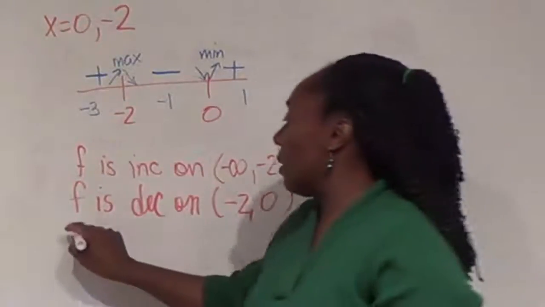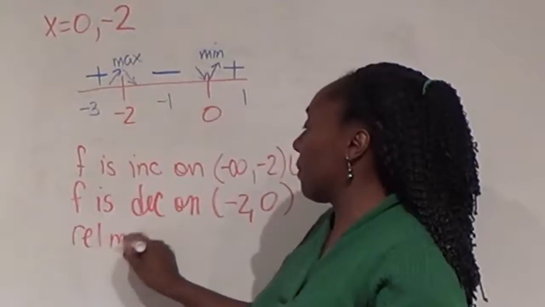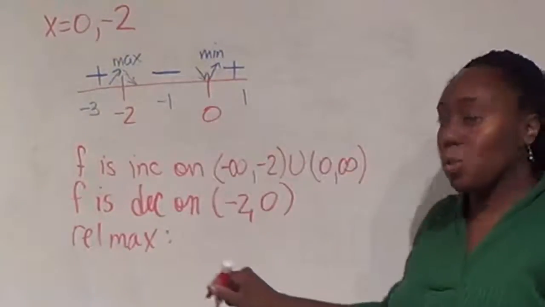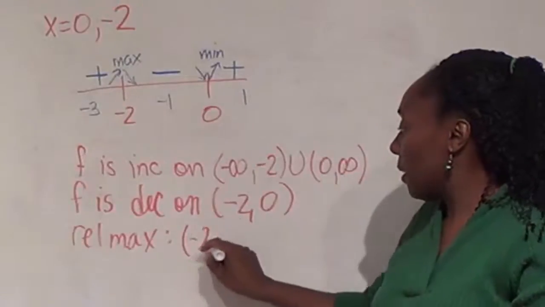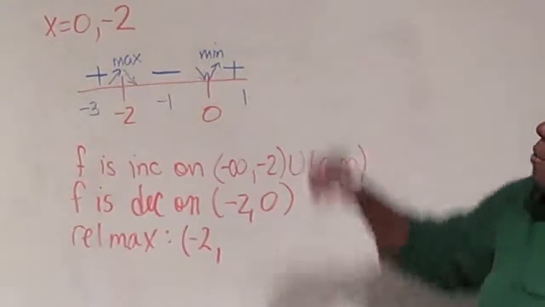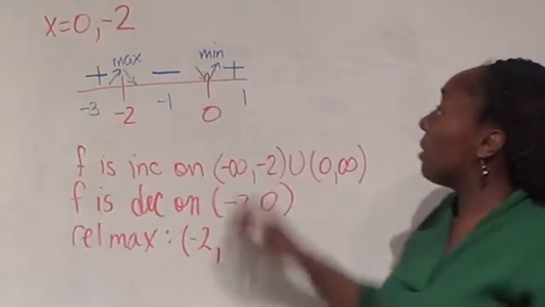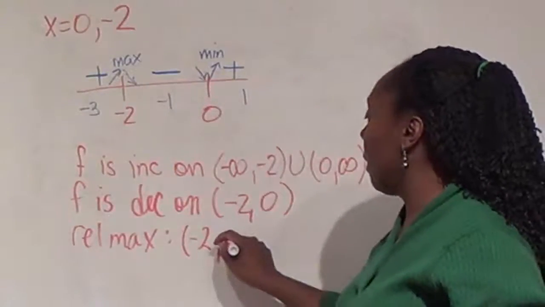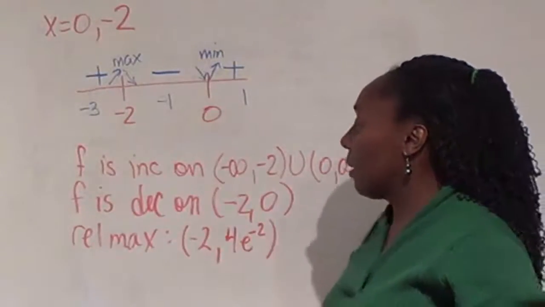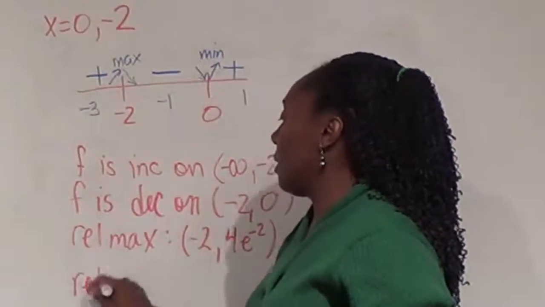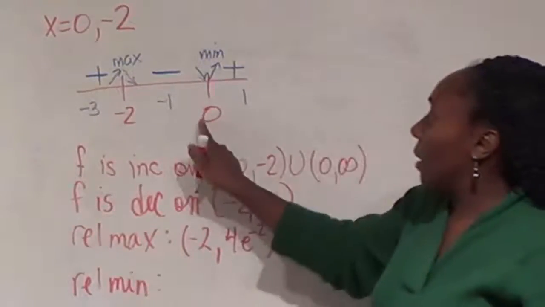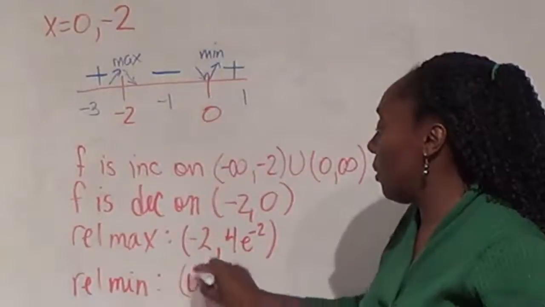Okay. For our relative max, we can see that occurred at negative 2. Here, to get the y value for that point, we need to go back to the original. So if we plug in, we're going to get 4e to the negative 2. And then for our relative min, same thing. We can see it occurs at 0.